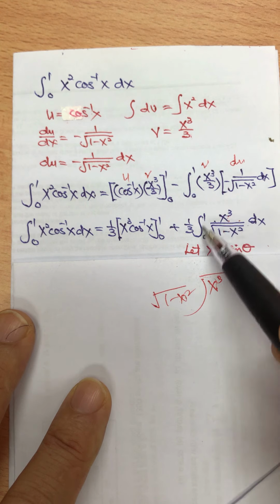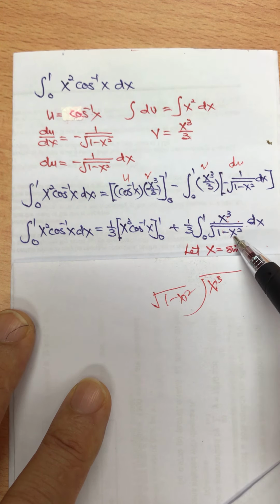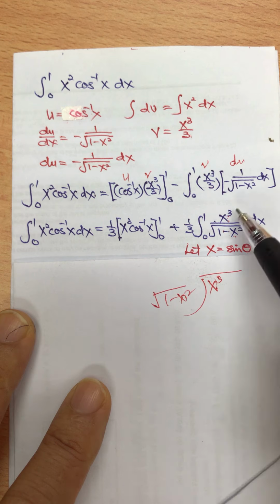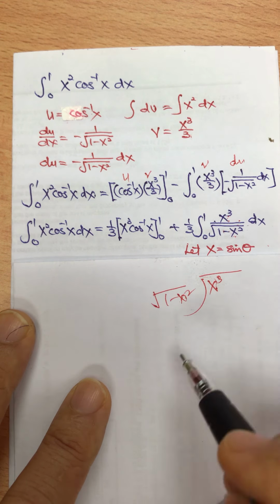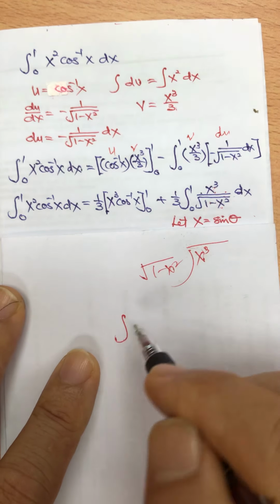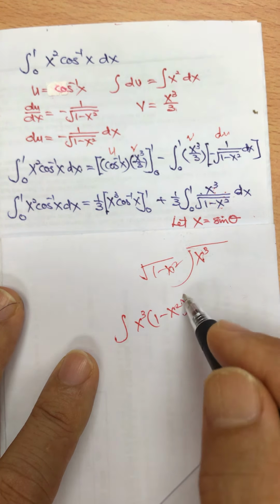You also cannot use partial fractions, because for partial fractions usually the denominator can be factorized, so you cannot use this method either. You see, for this part, let's say now I'm going to integrate 1 minus x squared to the power of negative half.